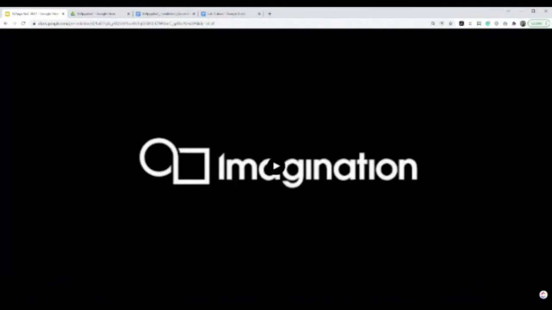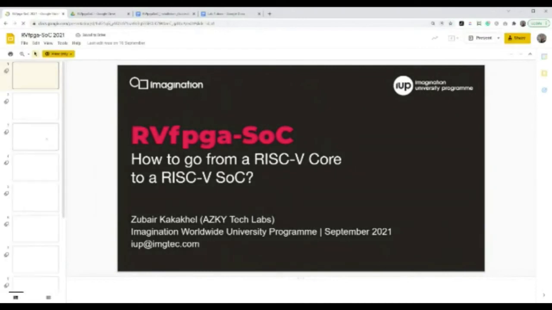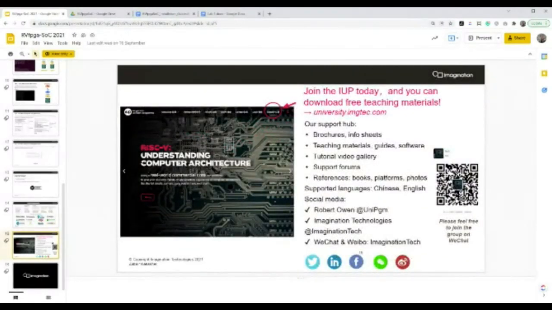We want to translate the SoC materials into Japanese as well. So if anybody is interested in assisting with that, please do reach out. Let me see if I can open the slide deck at the very end where you can see the helpful materials again. Here you go.